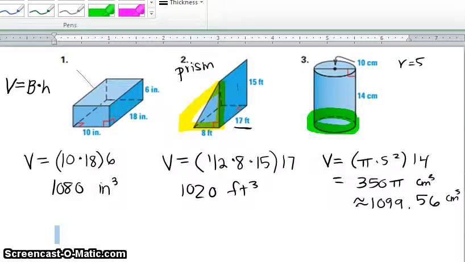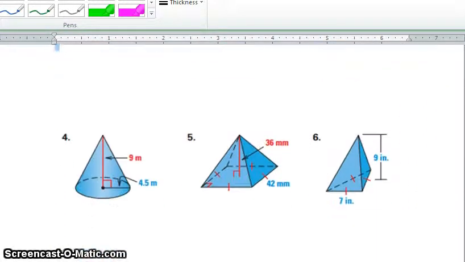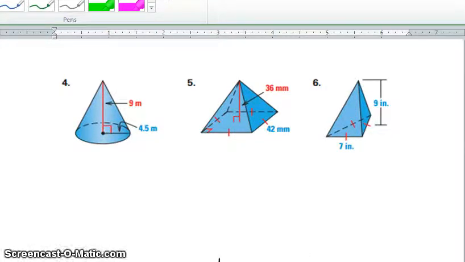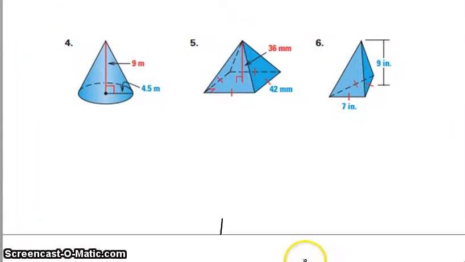So those are our prisms. All 3 of these shapes come to a point at the top. The first one we call a cone, and the other 2 we call pyramids.